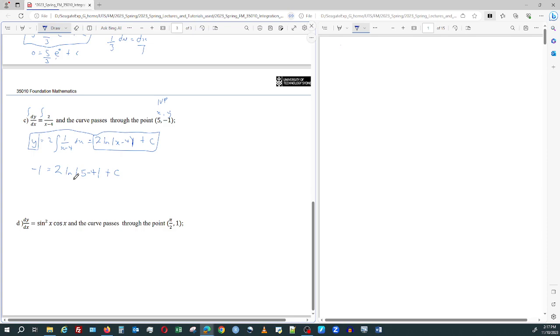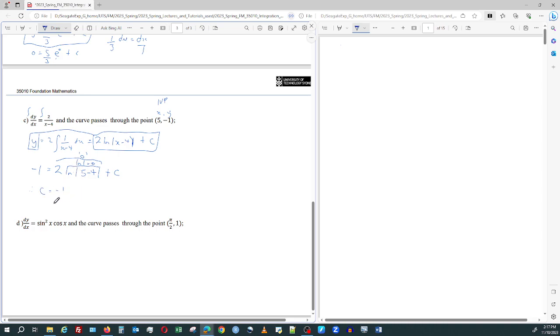The ln of 1 is 0. So 2 times the ln of 1 is 0. We've seen that before where it crosses the axis. So this whole term here is 0. So therefore c is equal to minus 1.